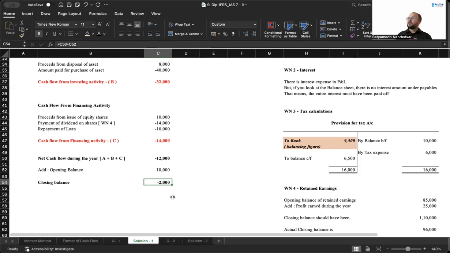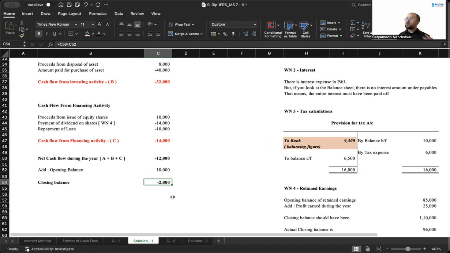Now, this is a long question. I'm repeating, preparation of the entire thing is not going to be tested. If you are writing the diploma IFRS exam, preparation of a full length cash flow statement is not expected. If you are writing the ACCA SBR exam, again, preparation of a full length cash flow statement of a standalone entity is not expected.